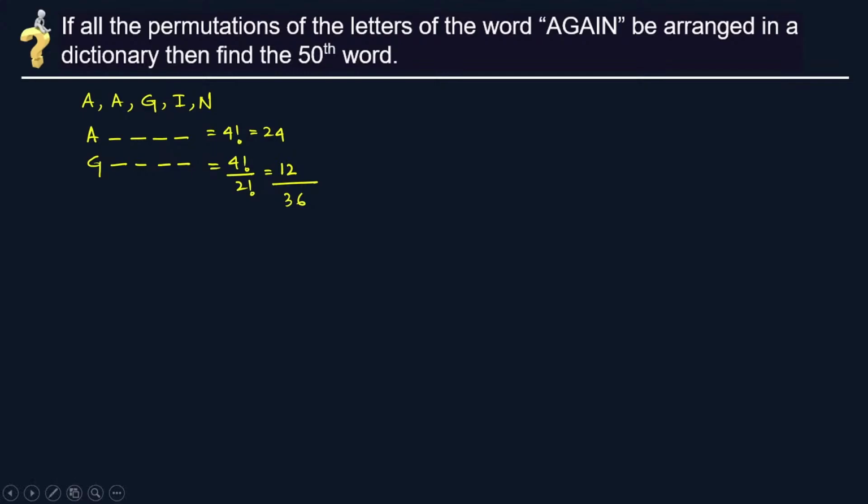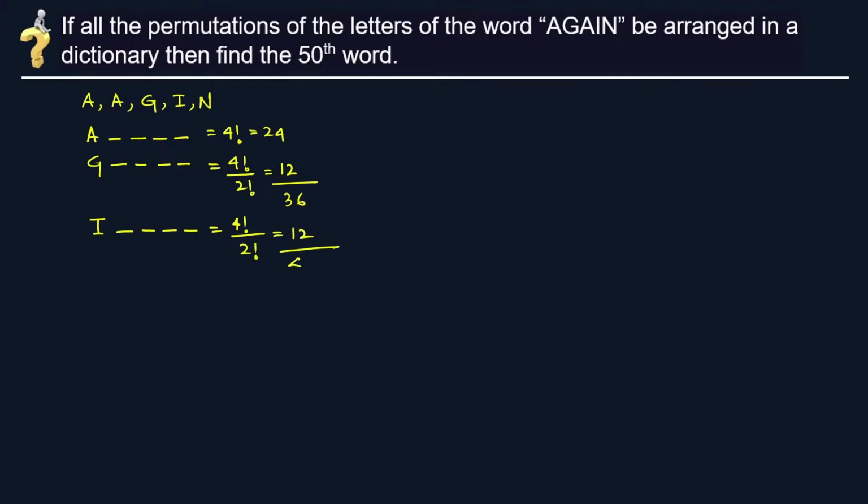We have to reach the 50th word. Okay. Next, alphabetically, it will start with I. And we are left with 4 places, out of which 2 A's are identical. So the total number of words that will be formed is factorial 4 by factorial 2, which again gives us 12.